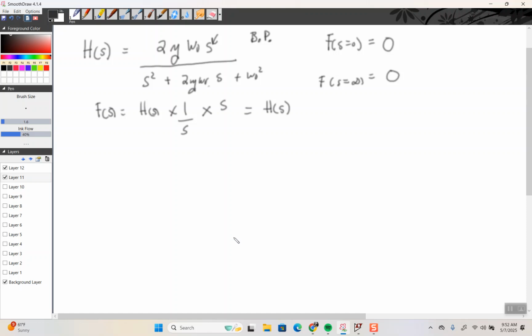So that means f of t at infinity is 0, f of t at 0 is 0, and we're kind of left with this.